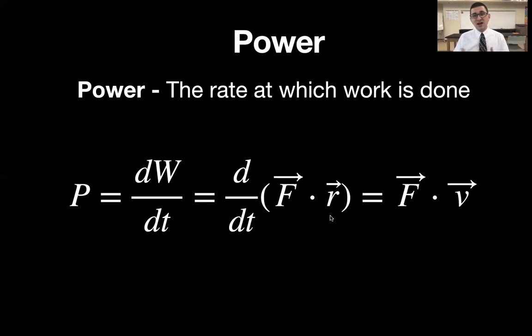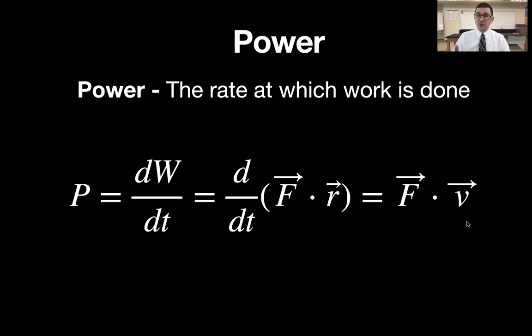Now, if force is not constant with respect to time, then we'd have to do a product rule here, which isn't that bad. But if force is constant, which would be nice and lucky, then we can just use this very easy formula of the force dot product with the velocity.